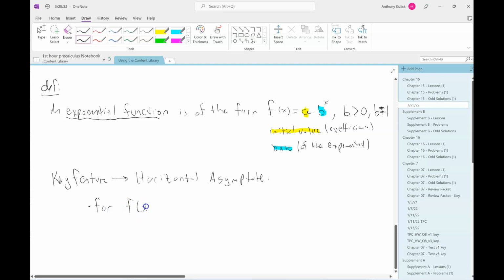So for things of the form a times b to the x, the end behavior: we have the limit as x approaches negative infinity of f of x is going to be 0.